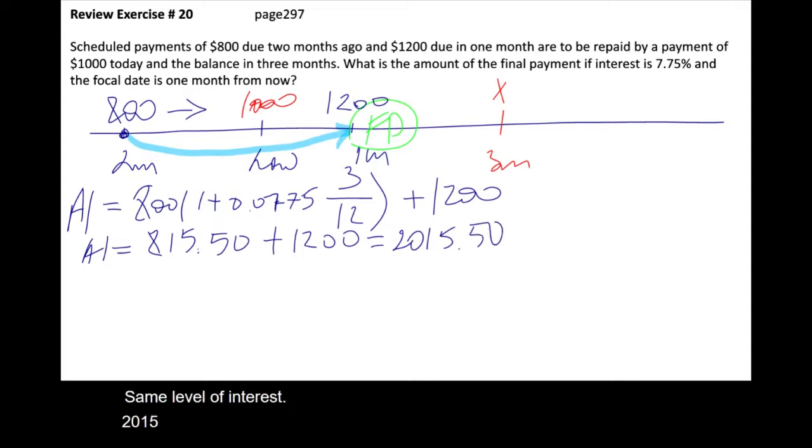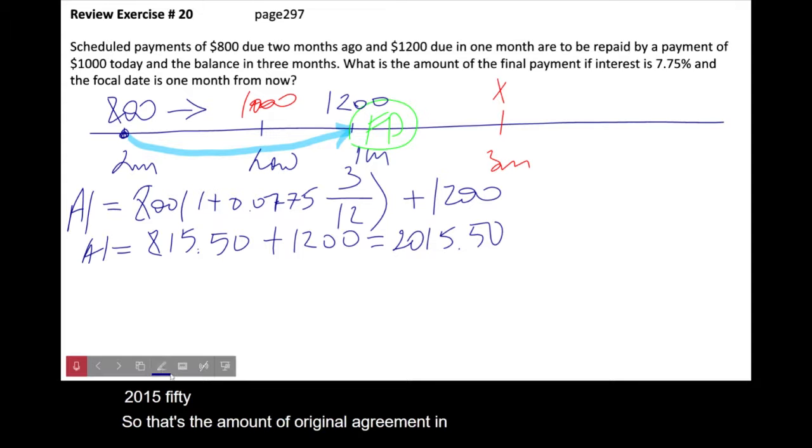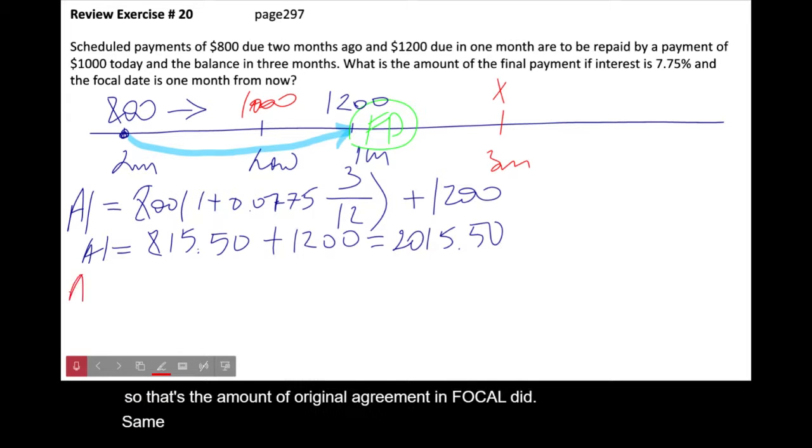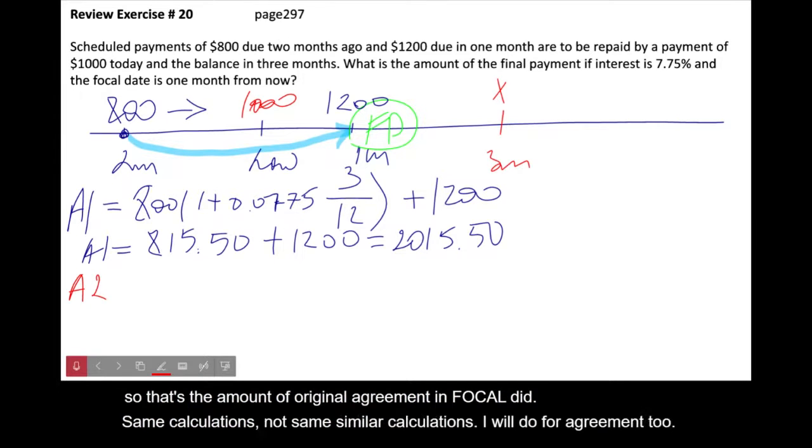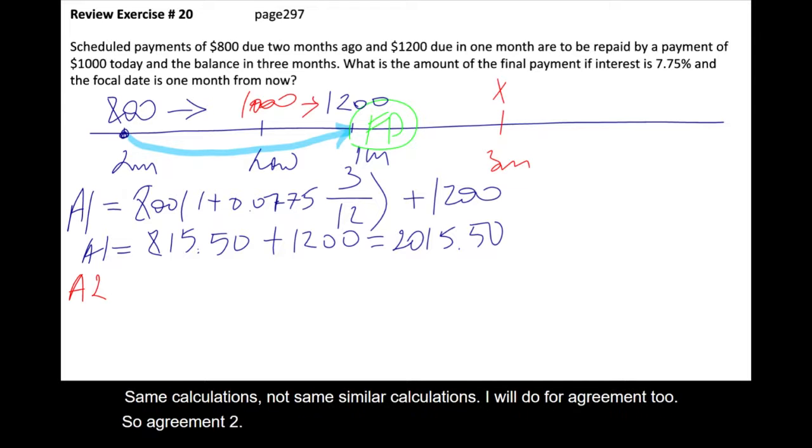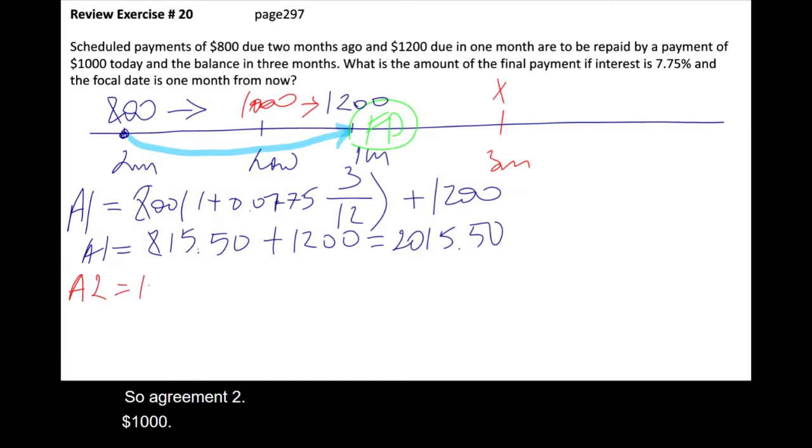2015.50. So that's the amount of the original agreement in the focal date. Similar calculations I will do for agreement 2. So agreement 2, $1,000 to the future, 1 plus 0.0775. For how long, people?